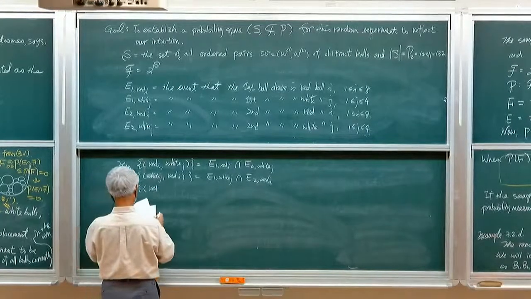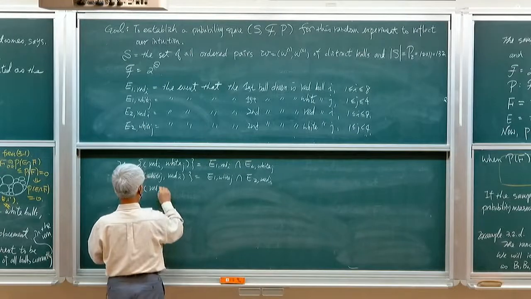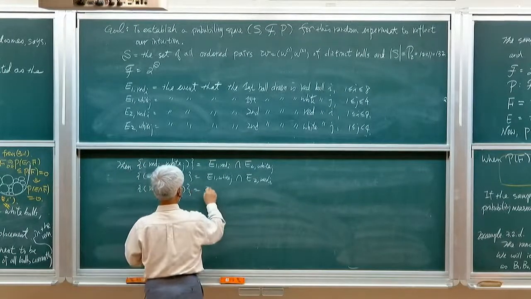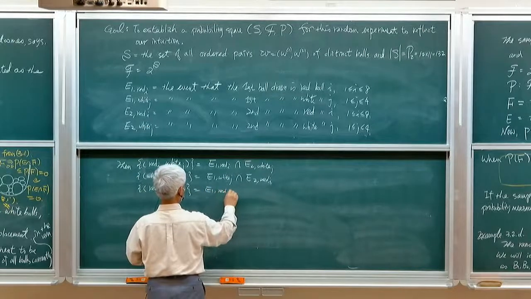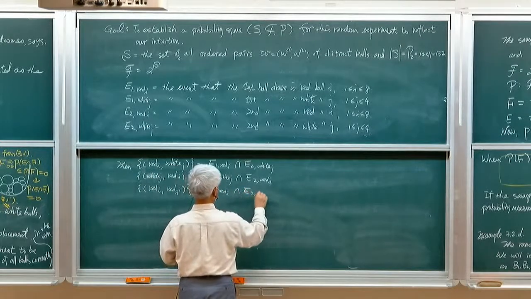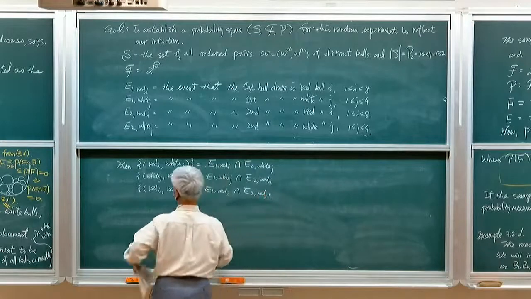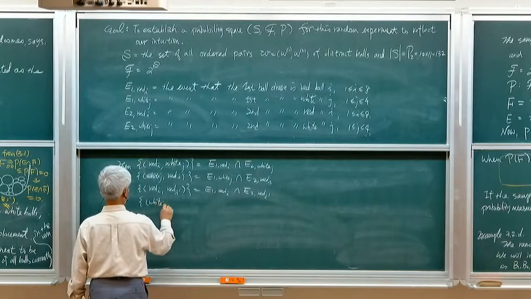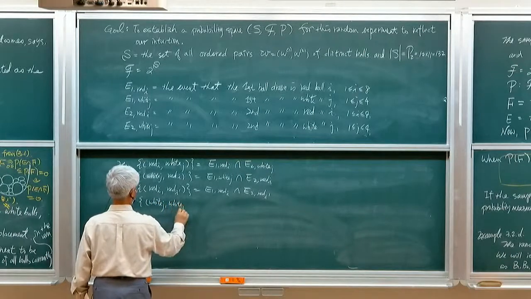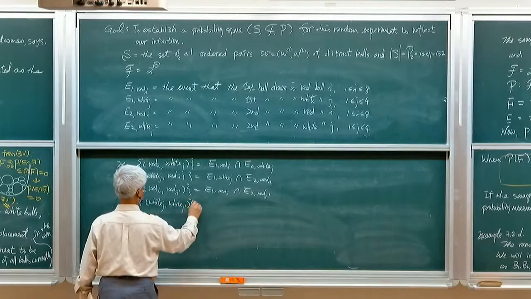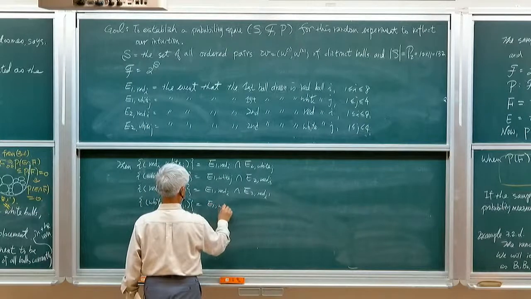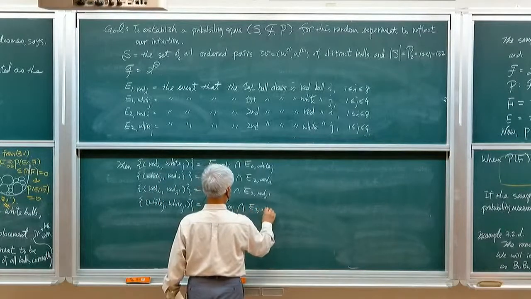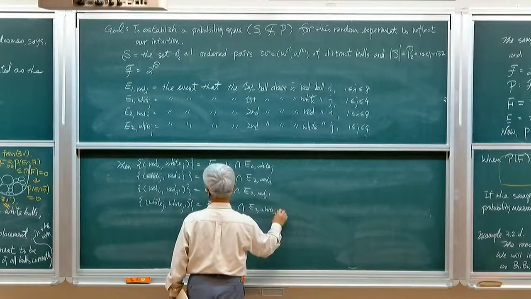So say E1 with I prime intersect E2 with white J prime, and E1 white J intersects E2 white J prime.